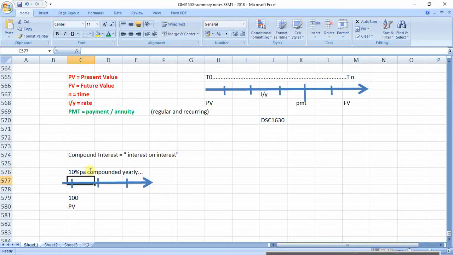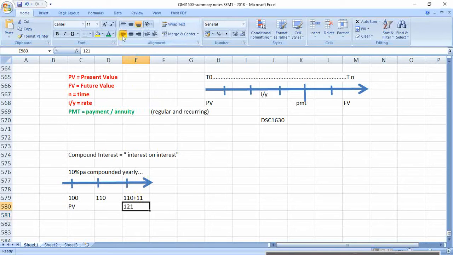If I'm compounding it yearly, then what's going to happen? Every year it's going to be 110 at the end of this year, and then next year will be 110 plus the 10%. Exactly. So it'll actually be 110 plus 11, which is 121.